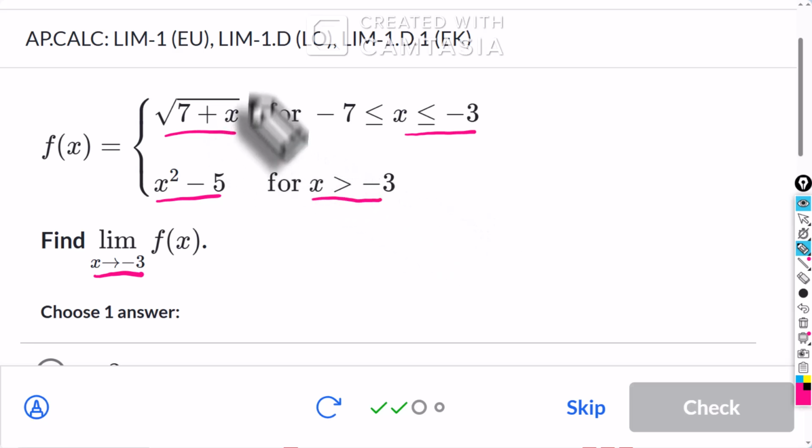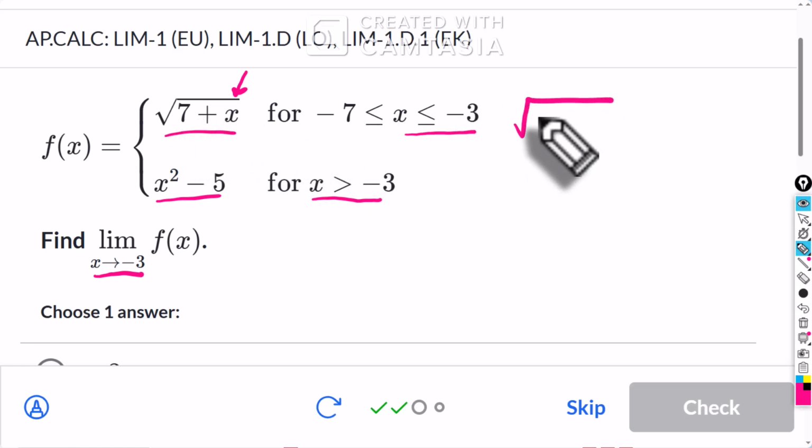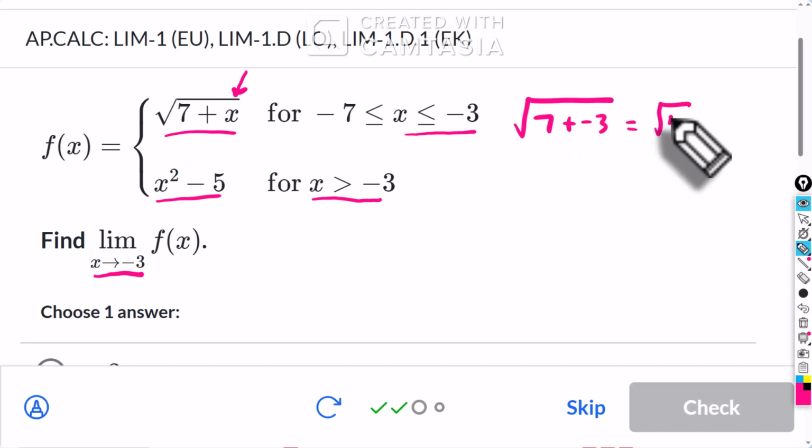All right. So for this one here, we're plugging in -3 right there. So we're going to get radical 7 plus -3. And of course, that's going to be radical 4, which equals 2.